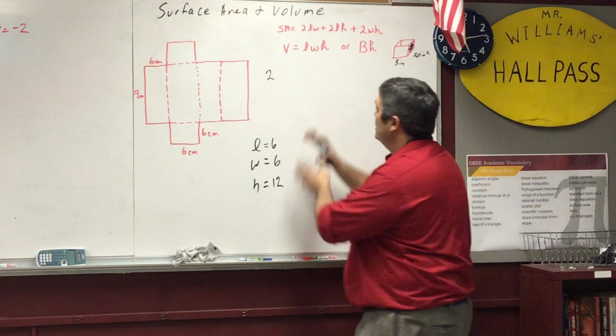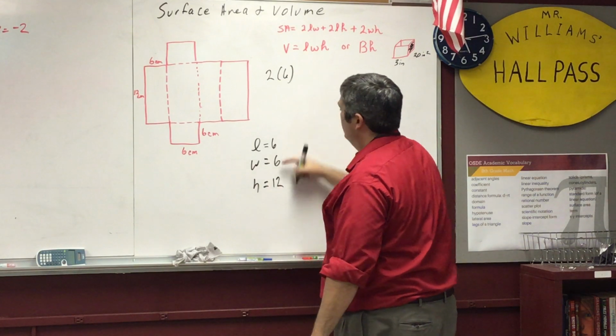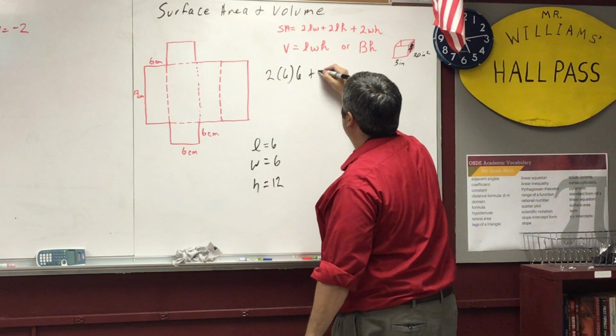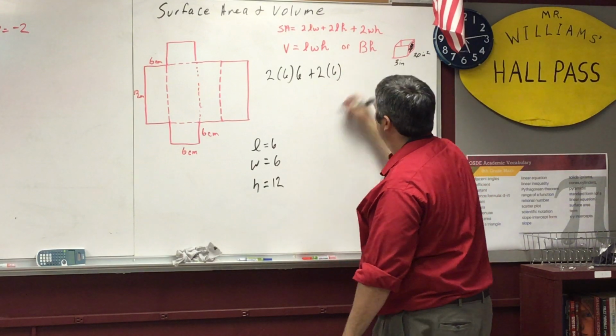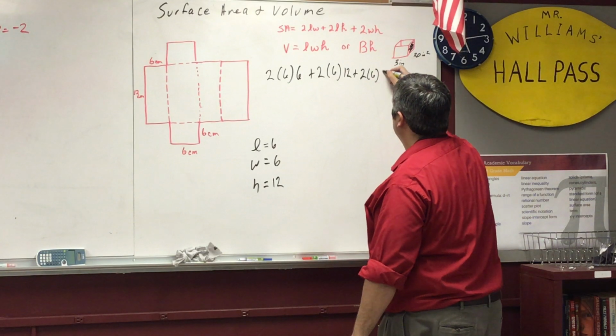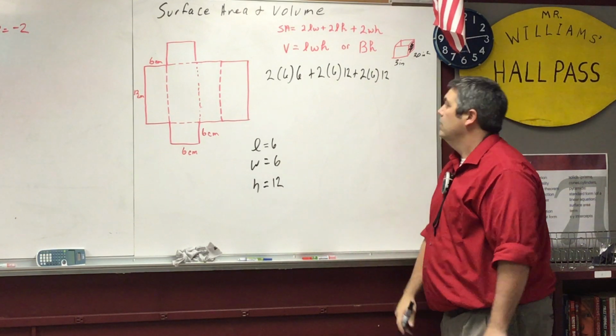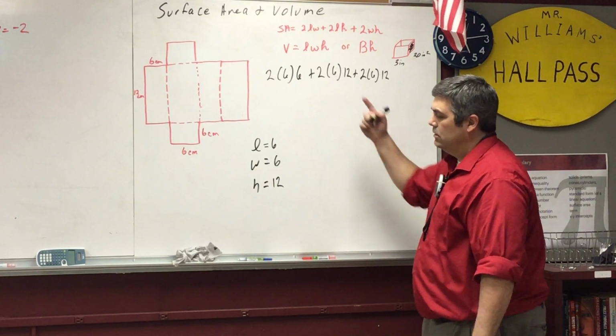So now I'm going to substitute these in. 2 times 6 times 6, plus 2 times 6 times the height, which is 12, plus 2 times 6 times 12. I've got 2 of these that are the same.